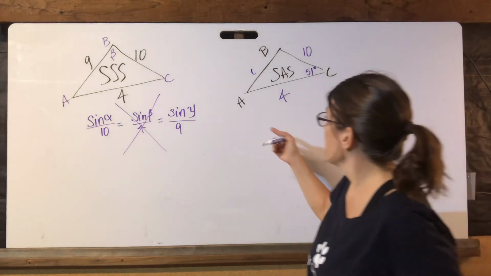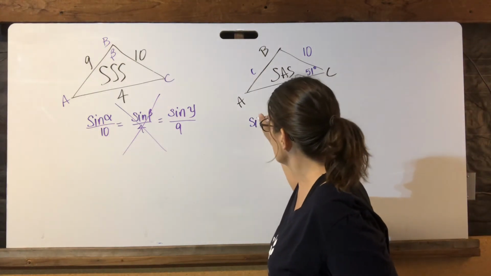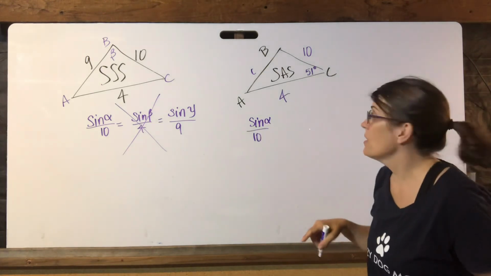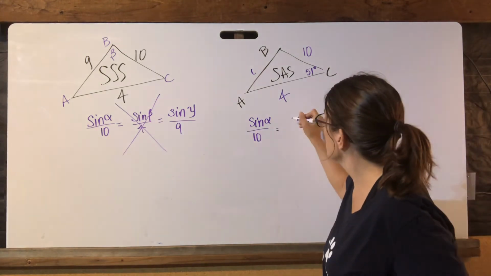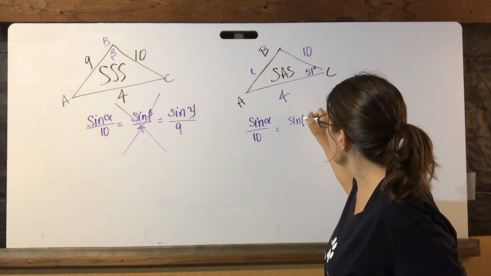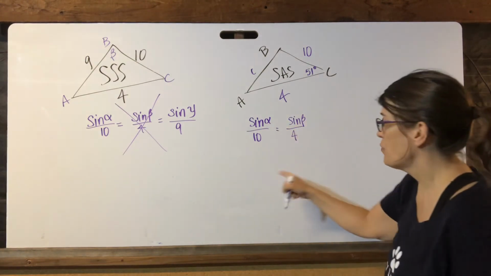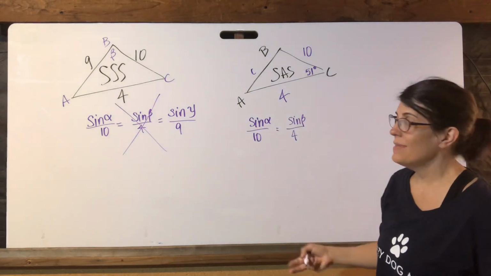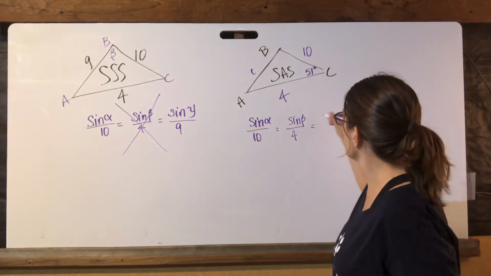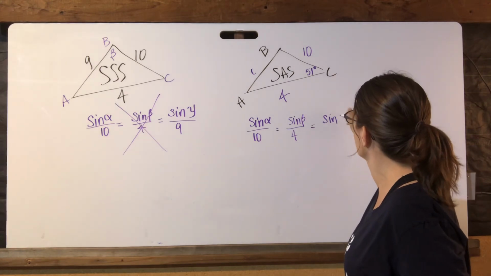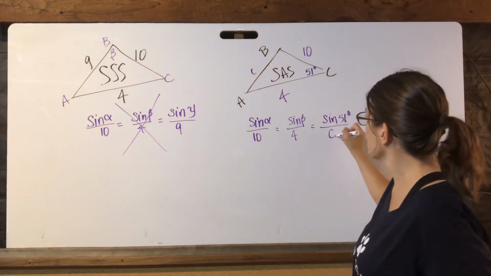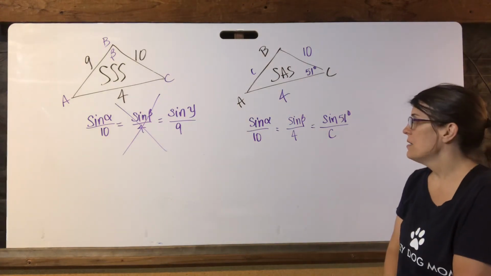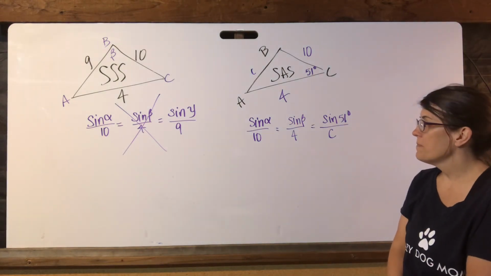So let's do the setup. You would do the sine of alpha over 10, okay, that's one unknown, is equal to the sine of beta over 4. This is problematic. I only know 2 of the 4, not going to help me. And that's going to equal the sine of 51 degrees over C. No matter how you rearrange this, you don't have enough information.